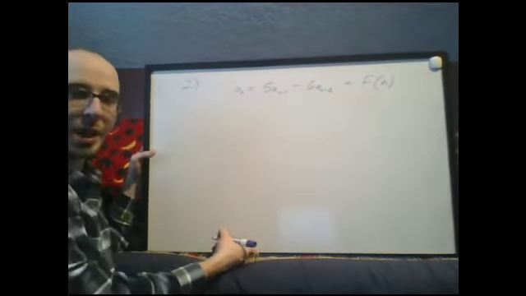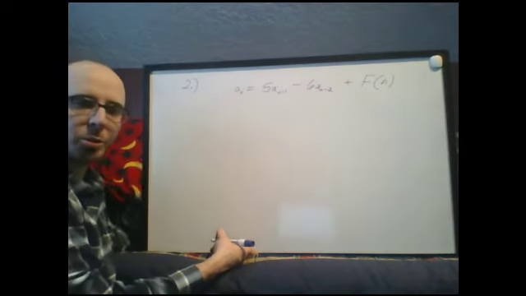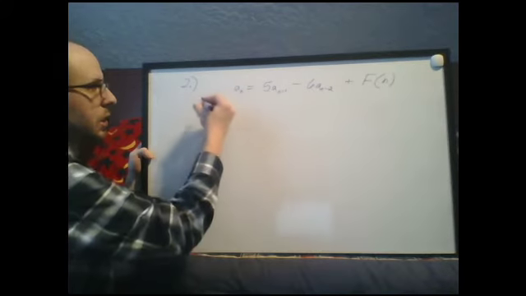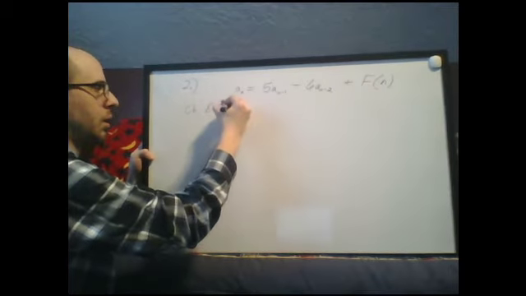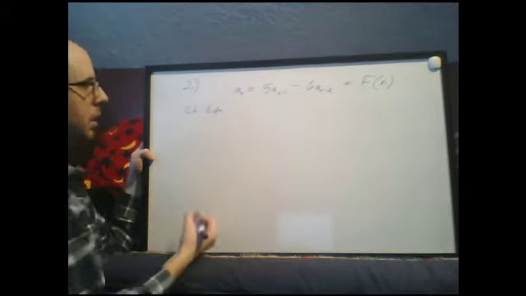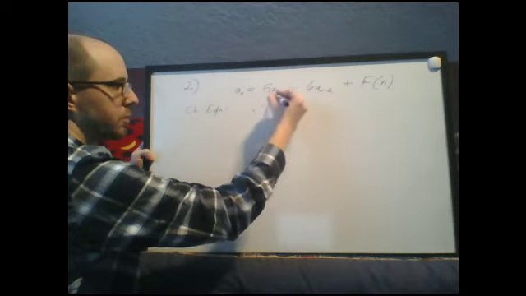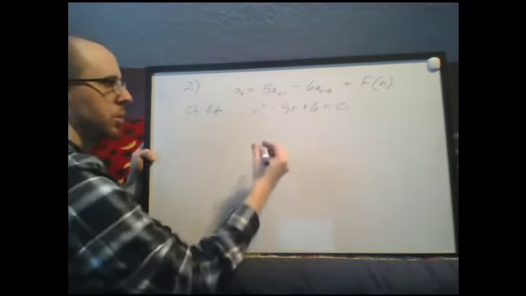Okay, so before we worry about any specific f(n), there's 4 parts here, but before we do any parts, let's do the homogeneous consideration first. So we have our characteristic equation. It's degree 2 again, so r squared minus 5r plus 6 equals 0.